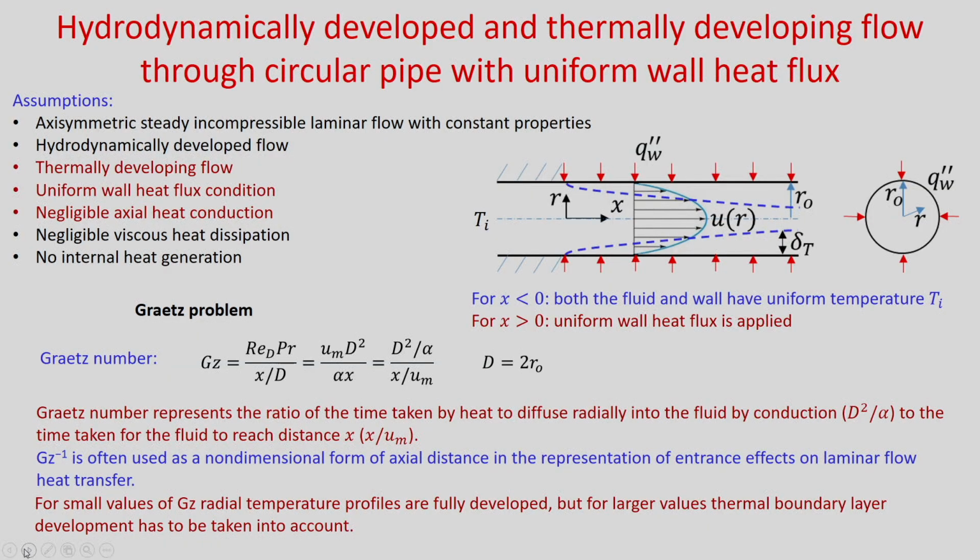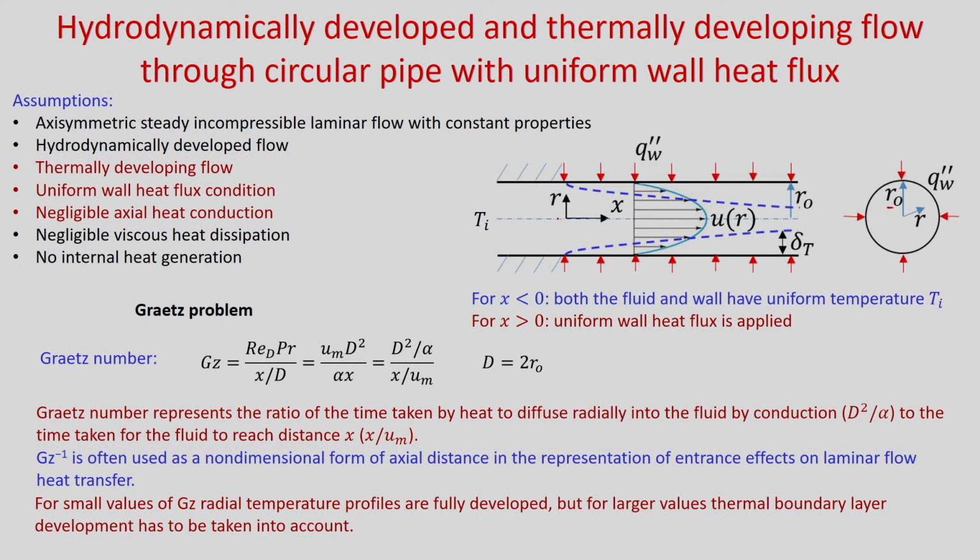So, let us see. This is your circular pipe of radius r naught. We have kept the axis at the center line and at x equal to 0 we have put it in such a way that from there the uniform heat flux boundary condition is applied.